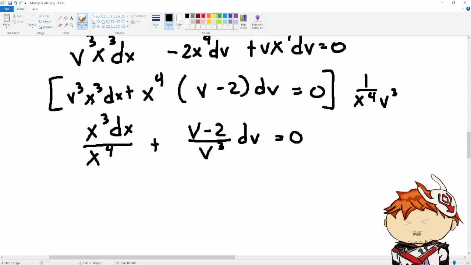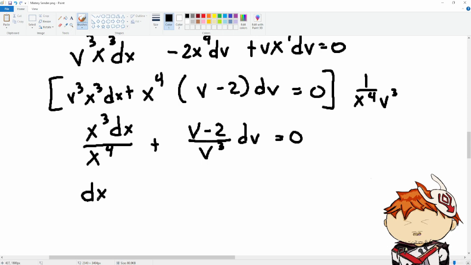We separate the v and the x to their respective variables. The x to the fourth with dv should be switched to the left side, and v cubed with dx should be switched to the right side, right?